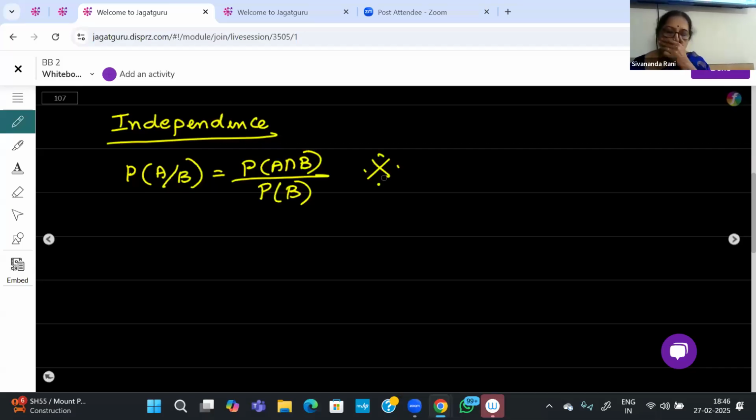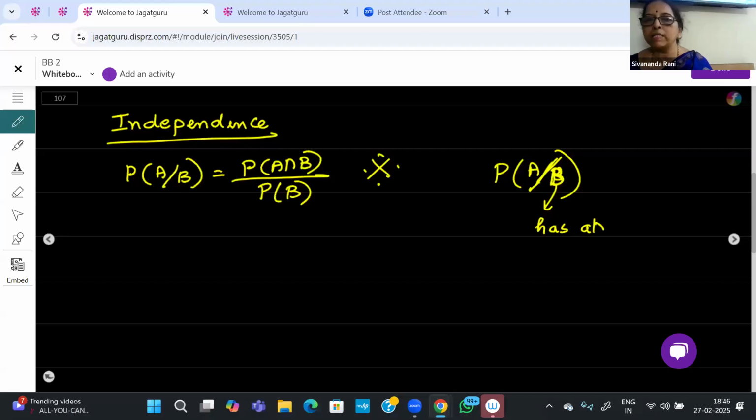But what happens is that there's a conventional way of finding out the conditional probability. But if the events are independent, for example, if there are two students who don't copy from each other, then consider the occurrence of B when it has already happened.